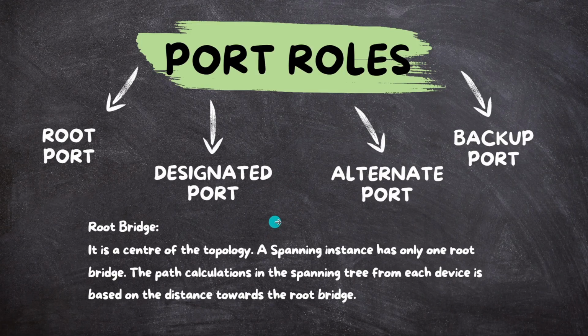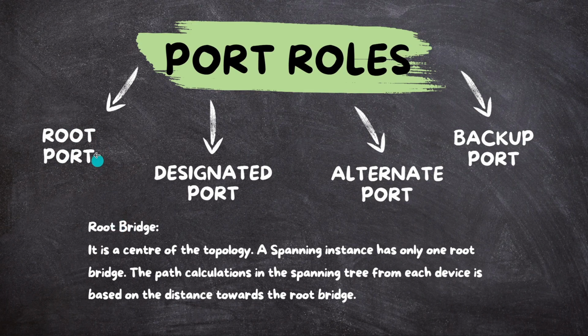Every other switch that is not the root finds the shortest-distance path from itself to the root bridge. The root bridge is basically a switch only. Now, according to that, there are these four roles. The root port is the port that is connected to the root bridge.